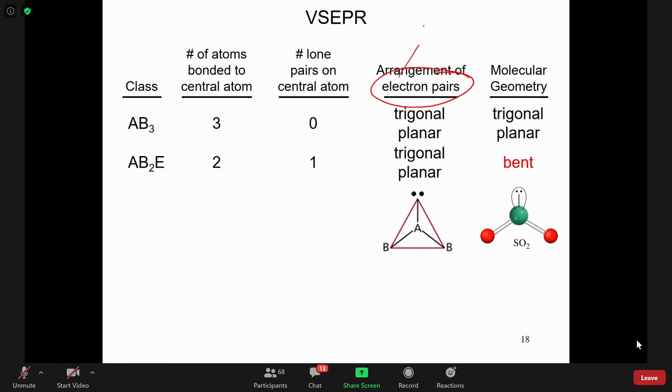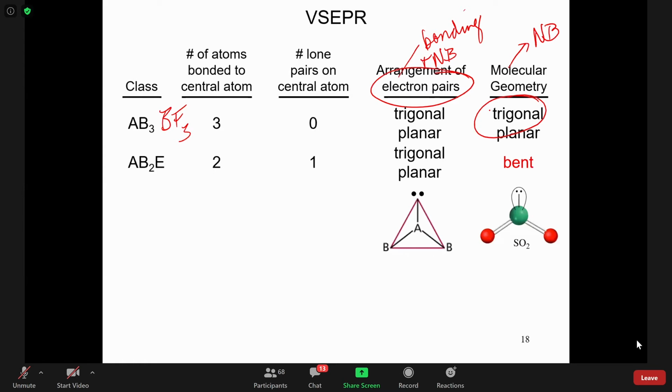Keep in mind, this means bonding plus non-bonding, where here we're basically considering non-bonding. Okay, so AB3, we already looked at that. BF3, trigonal planar, right? No big worries there. What if we have something like AB2E?